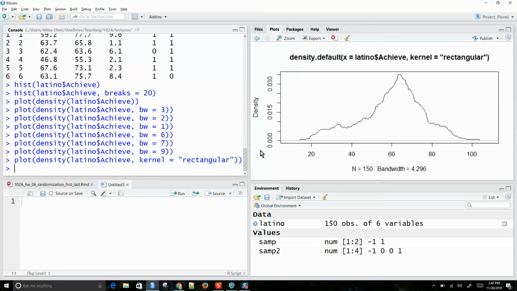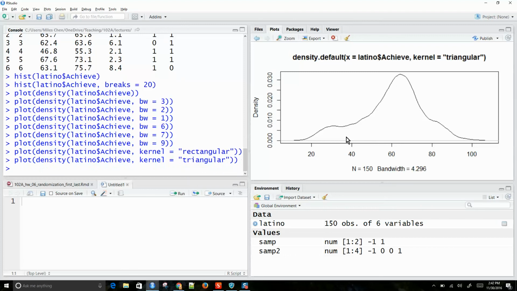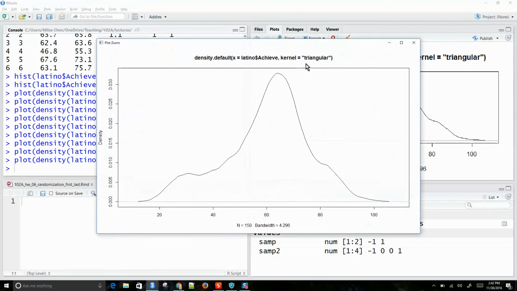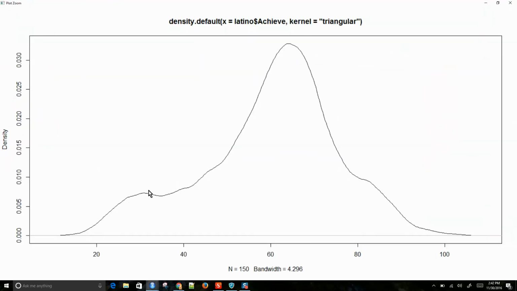Similar to the triangular, it's a little harder to see, but you do have a little bit of jaggedness in certain locations as well.